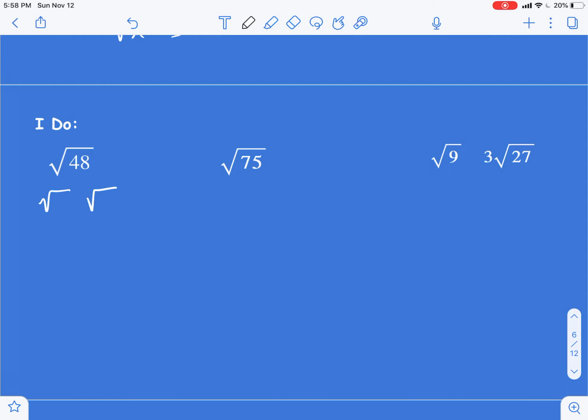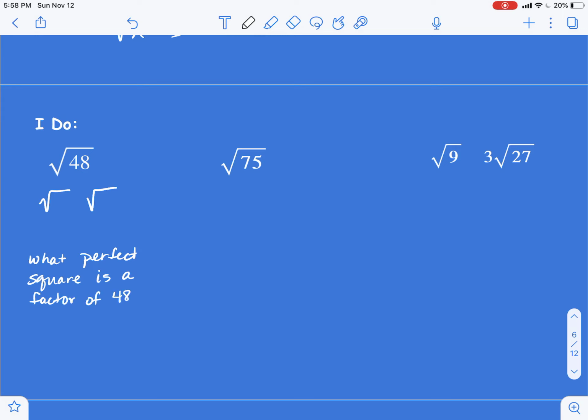And if you can look at 48 or think of 48 and say, what perfect square goes into 48? So that's what I'm asking myself, what perfect square is a factor, let's use that word, of 48.